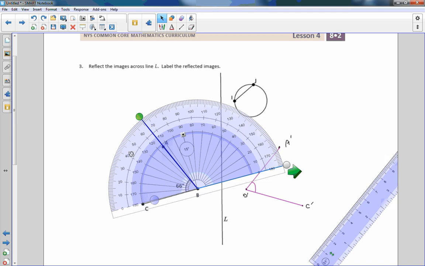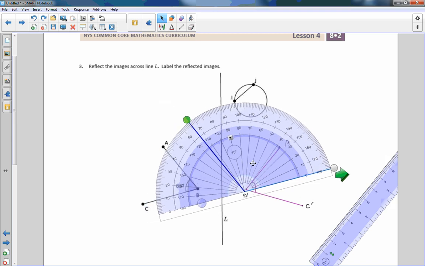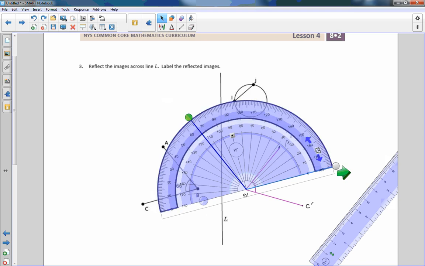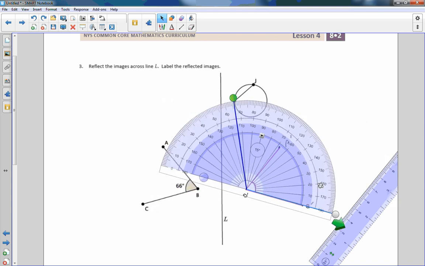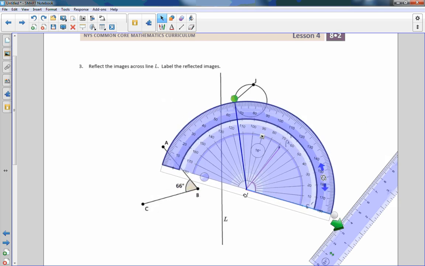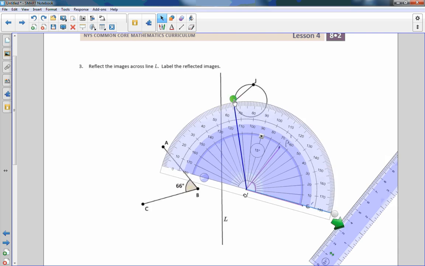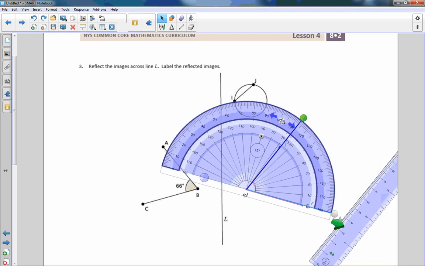There's 66 right there. It's pretty close. So now I want to bring this over here, rotate it so that it is right on that line segment, B prime, C prime. Get my measuring device, swing it over to my new line, and now we have to look inside, and it looks like it is about 66 degrees. Okay, very close.